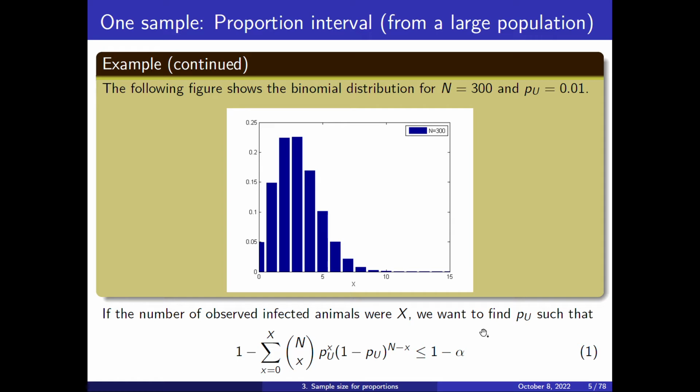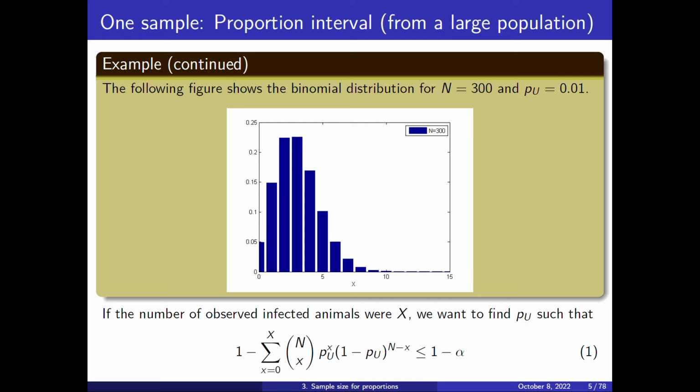Given an example, let's say that we study 300 animals, and the probability of infection is this upper bound 1%. Then we would see 0 animals with probability 5%. We would see one infection with 50% probability, and then 2, 3, 4, and it would be very unlikely to see 15 animals infected. If we see 15 animals infected, it is because the probability of infection is much larger than 1%.